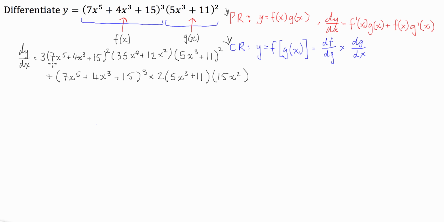And then we come out with this quite long-winded answer. And in an exam, you'd just leave it like that. You wouldn't actually try and simplify it unless it says explicitly in the question to simplify. But if you're not told explicitly to simplify it, don't, because it'll waste valuable time in an exam.